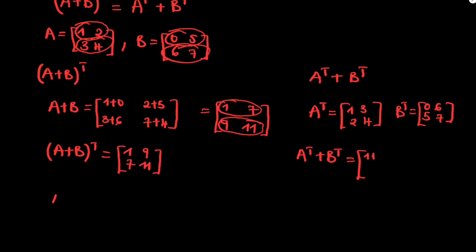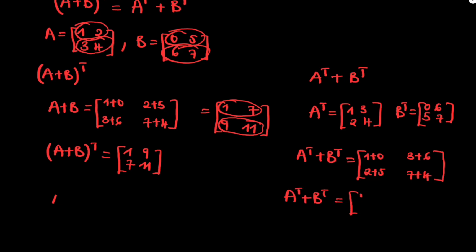So we have 1 plus 0, 3 plus 6, 2 plus 5, and 7 plus 4. So A transpose plus B transpose gives us 1, 9, 7, and 11.